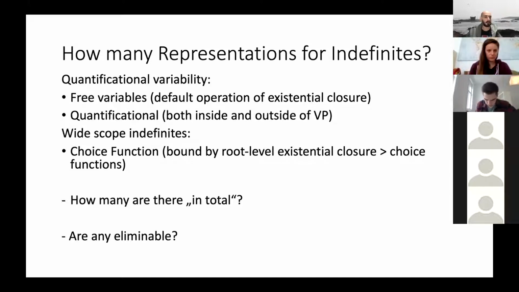And yeah, so there are plenty of representations for one type of NP, but how many are there, I guess, in total? And can any of those be eliminated? For example, is quantificational representation dispensable due to the set of readings that it generates, which can be accounted for under the choice function analysis?